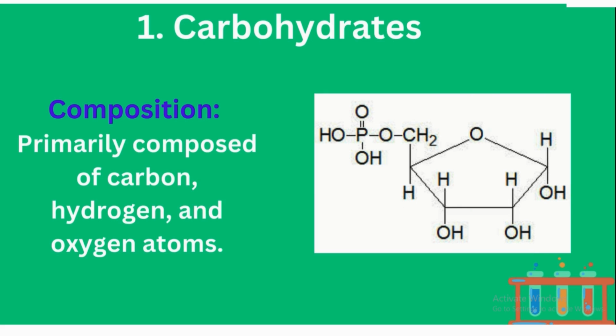On the basis of composition, carbohydrates are primarily composed of the carbon, hydrogen, and oxygen atoms. This is the general diagram of the carbohydrates, which make a monomer diagram.